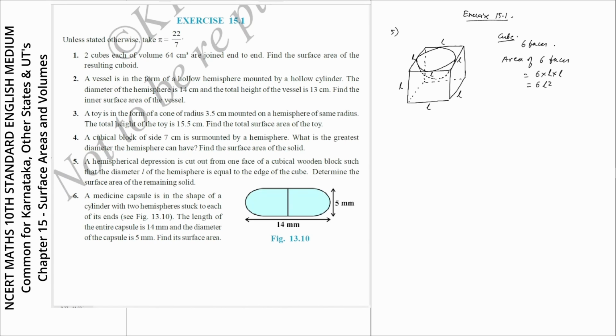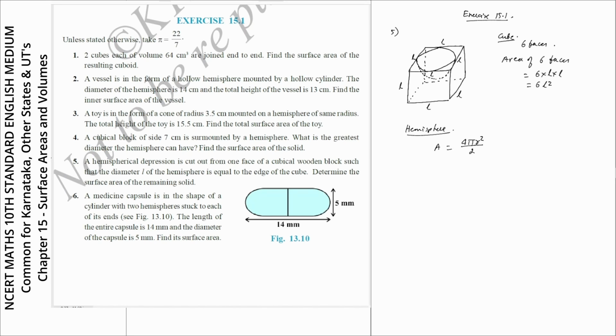Now coming to hemisphere, what is the surface area of the hemisphere? It is given by 4 pi r square by 2.